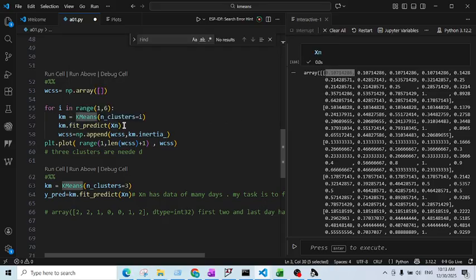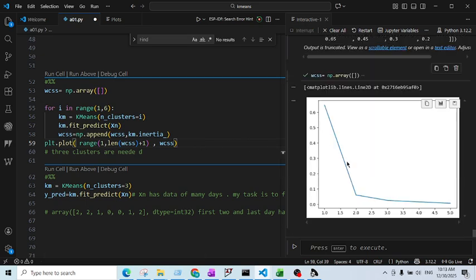That means I will feed this input data, and then I will find the WCSS. This km.inertia actually gives you the WCSS value, and then I will plot this, and let's see what this is.